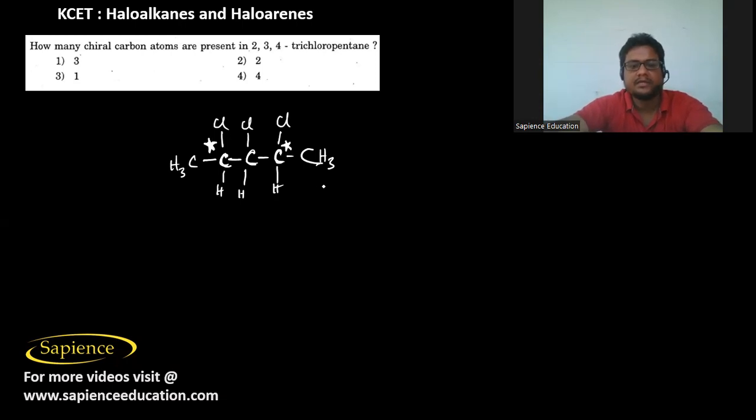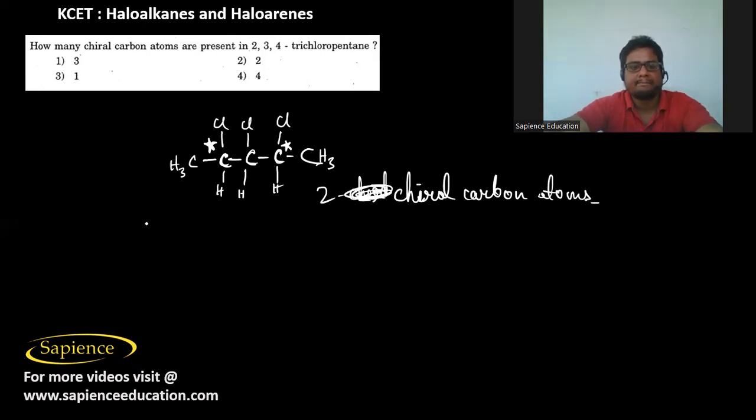So here we have two chiral carbon atoms present in 2,3,4-trichloropentane. So option 2 is the correct answer.